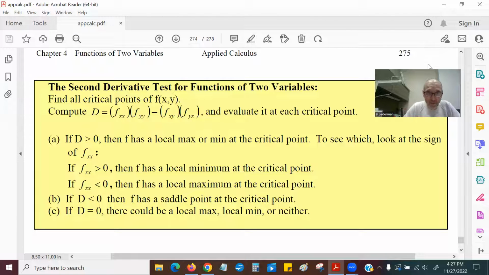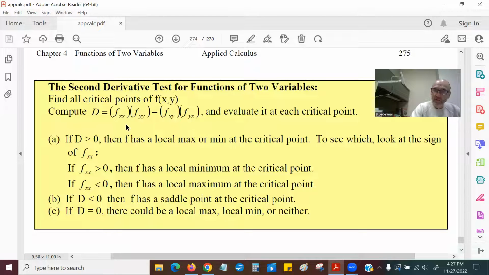So this is the second derivative test for functions of 2 variables. Before you apply the test, you have to compute something called D. D is f_xx times f_yy minus f_xy times f_yx. There you go.